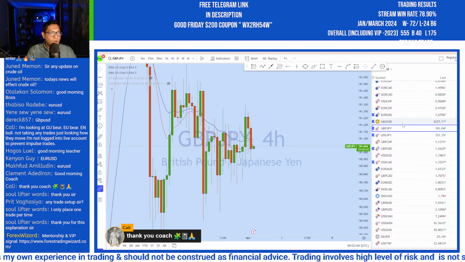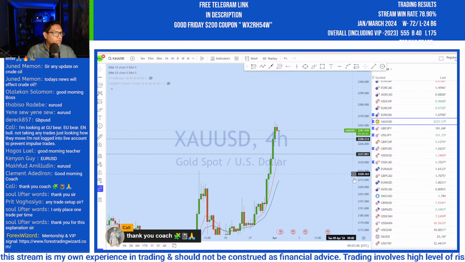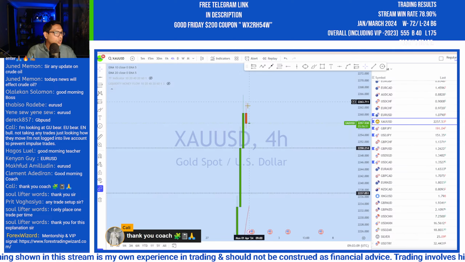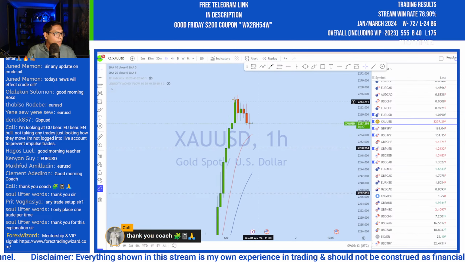Okay, so now let's look at gold here. The 4-hour candle closed on gold also with a narrower red candle.